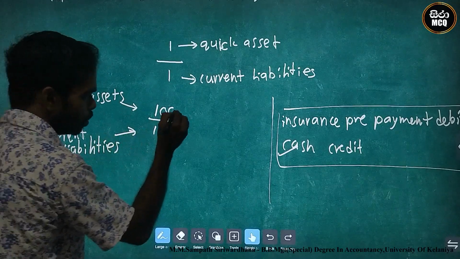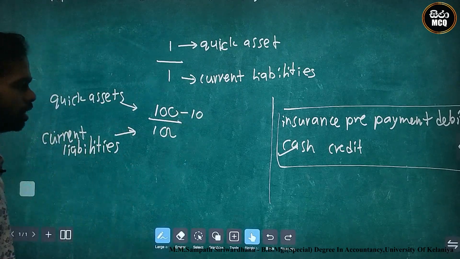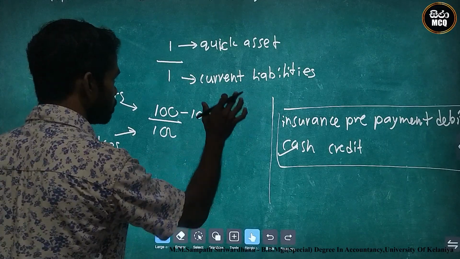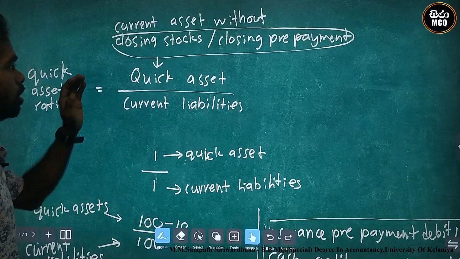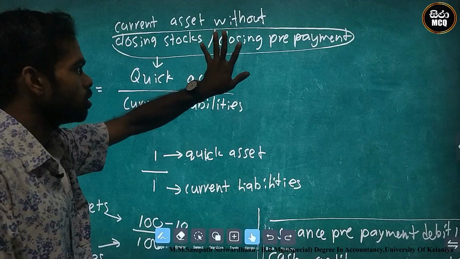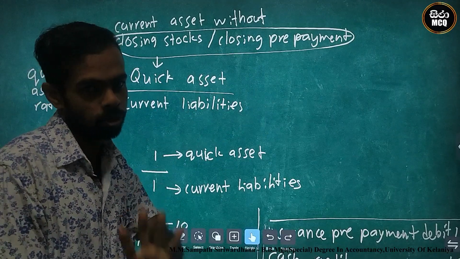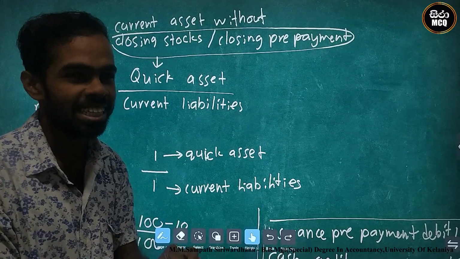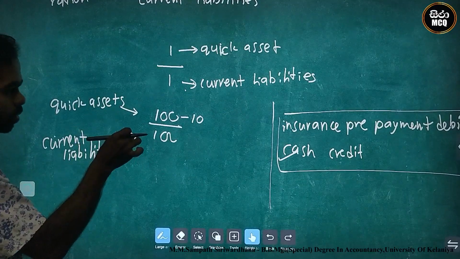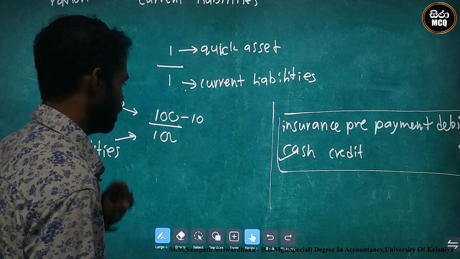Cash is a current asset, so with the cash credit, cash is minus. Cash has no impact on current liabilities. Closing stocks and closing prepayments are not included, but other current assets are, including cash, so the cash credit is deducted from quick assets.